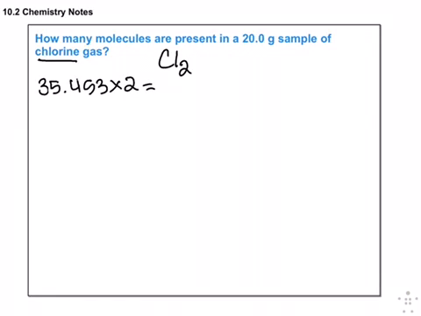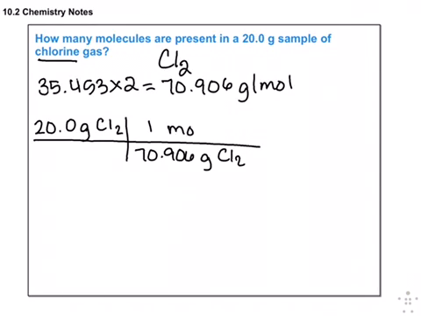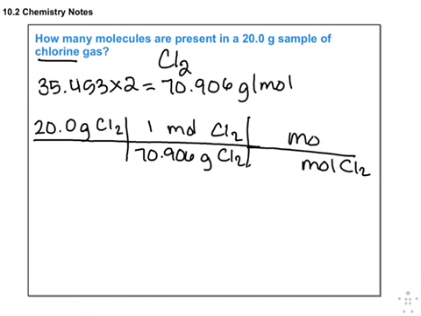So you should get 70.906 grams over moles for chlorine's mass. And then your setup should look like this. And is it asking us to stop at moles? No. Nope. We need to take it one step further and go into molecules of Cl2.